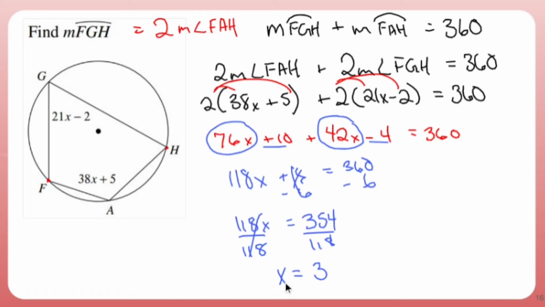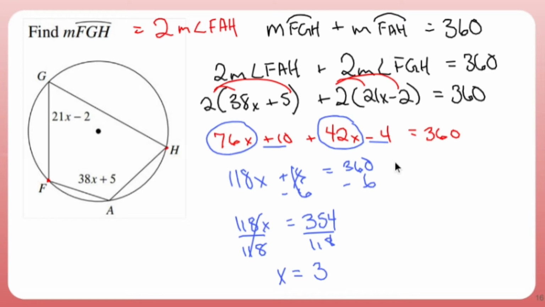Now, why does this matter? Because originally what I was supposed to do is find the arc measure of FGH. FGH is 2 times angle FAH. I now know that x is 3.